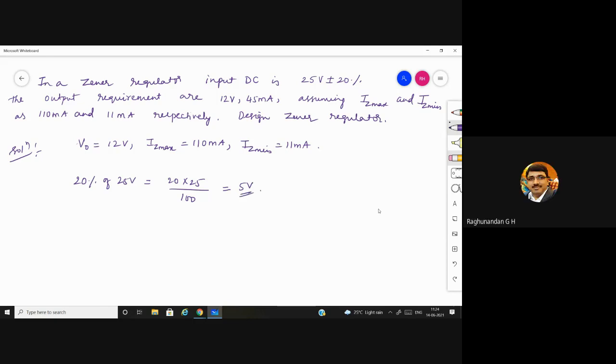So the variation is 20 to 30 volts. This is the minimum input and this is the maximum input, the two variable voltages we have.